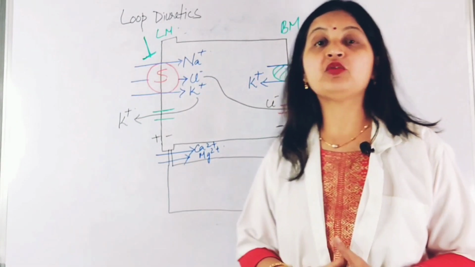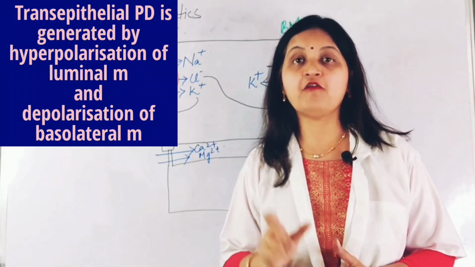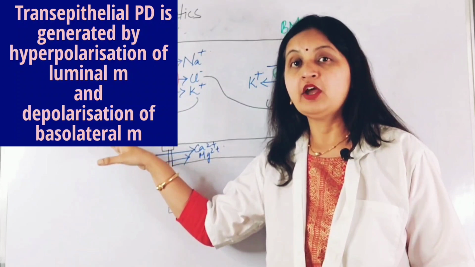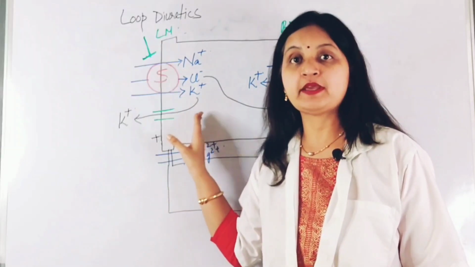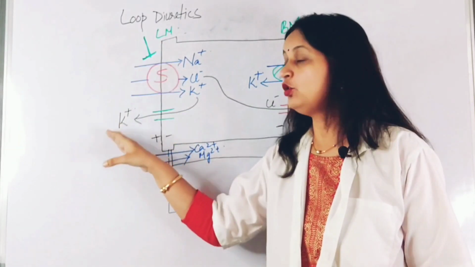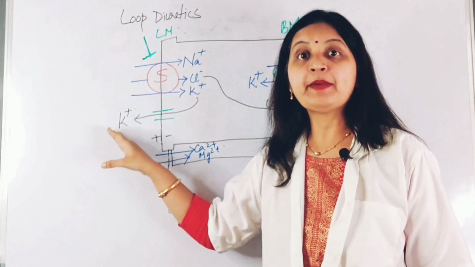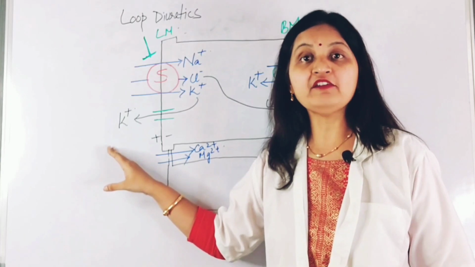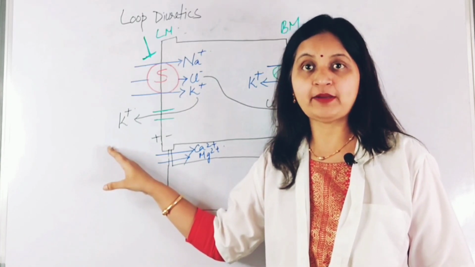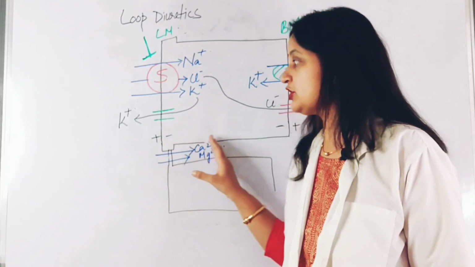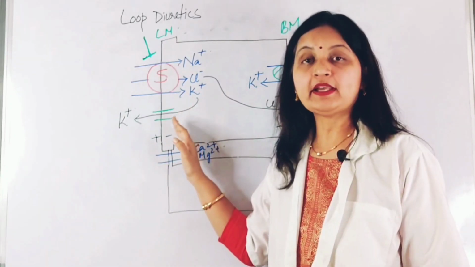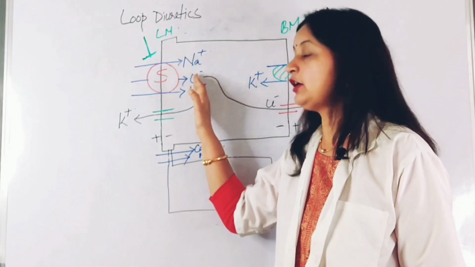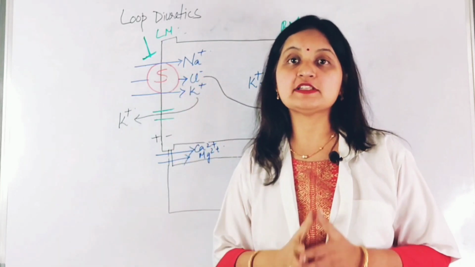This creates a trans-epithelial potential difference of minus 10 mV, with the lumen being more positive with respect to the interstitial space. Since the lumen is positive, it repels the cations such as calcium and magnesium and provides a driving force for the movement of calcium and magnesium into the interstitial space. So calcium and magnesium are reabsorbed into the interstitial space, and sodium and chloride also enter the interstitial space.